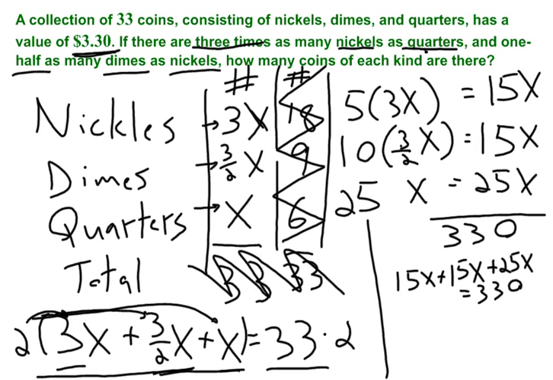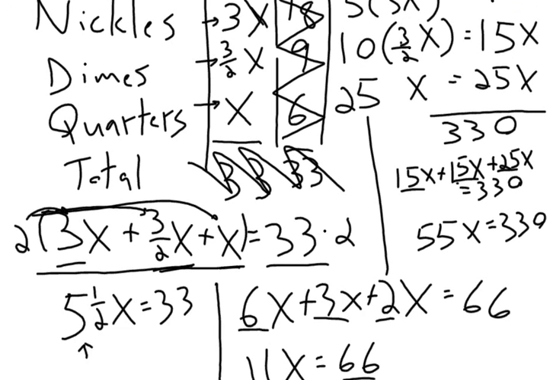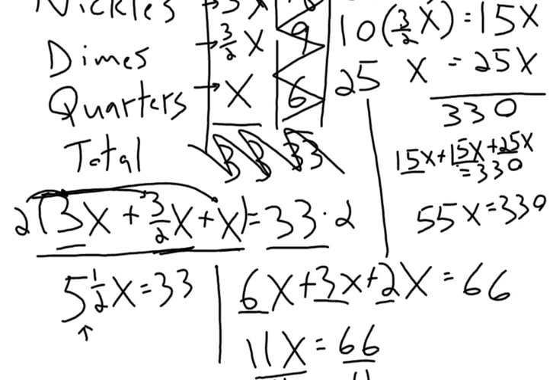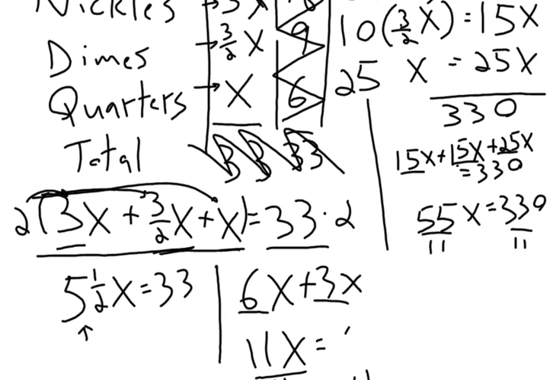We combine like terms. 15 and 15 is 30, plus another 25 is 55 x's equals 330. Okay. I don't have a calculator on hand, so doing mental math, I can notice that there is a factor of 11 in both these things. So I'm just going to kind of reduce. I'm going to divide both sides by 11 first because I'm doing mental math here.